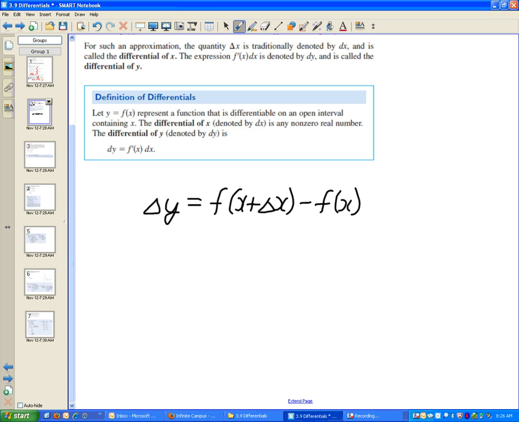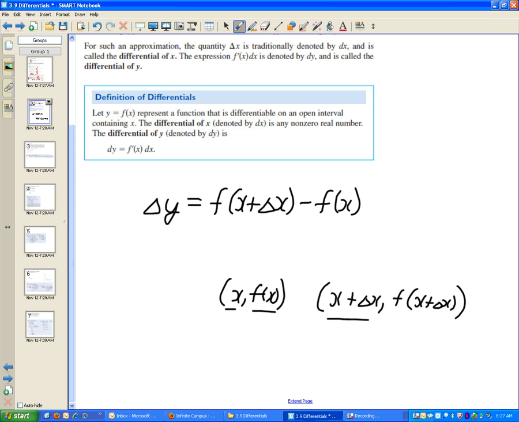Think of it this way. If we have a point x, f of x, and then we add a certain little amount to the x coordinate, that little amount we add is called delta x. If x has a y coordinate of f of x, x plus delta x would have a y coordinate of f of x plus delta x.